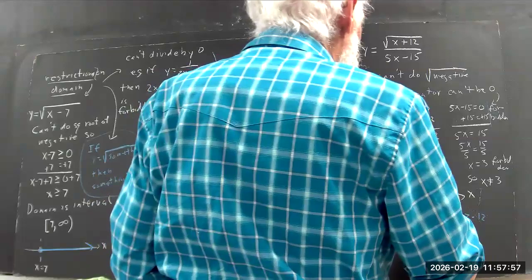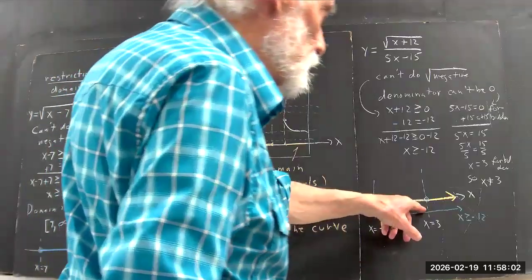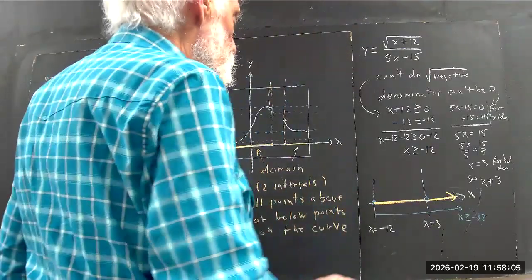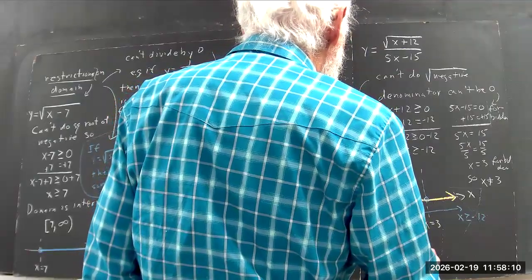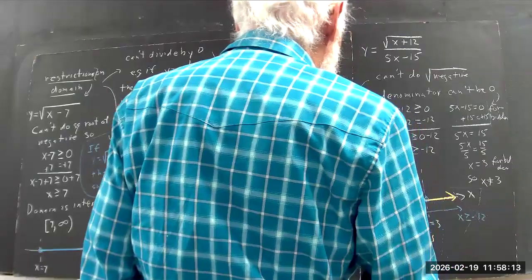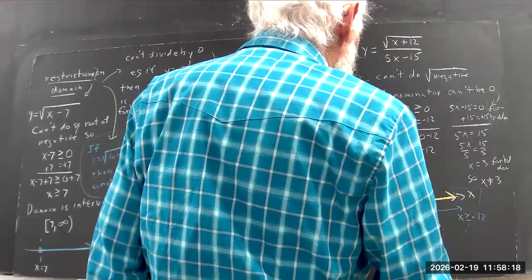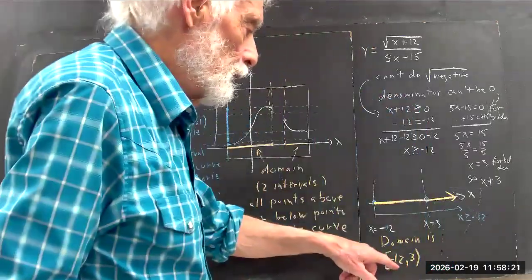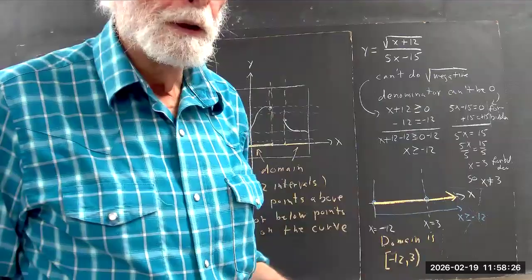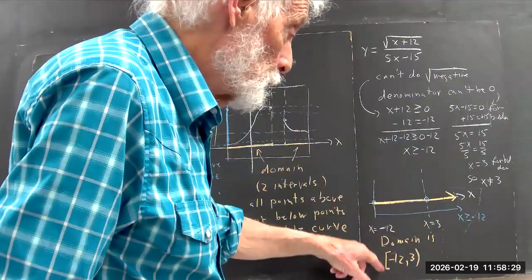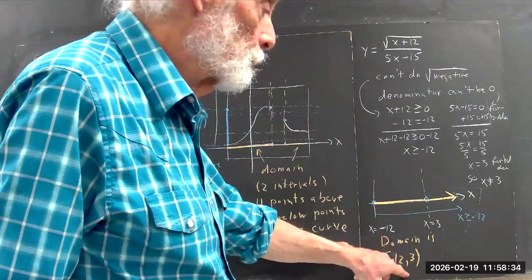Up to x equals 3, and everything beyond x equals 3, but not x equals 3. So the domain is the interval from negative 12 to 3. Now, when I write this, this is all numbers from negative 12 to 3, including negative 12. That's what the square bracket means. Not including 3. That's why I use the parenthesis here.